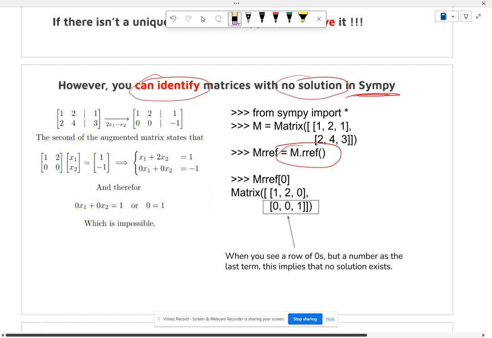The RREF will give you the reduced row echelon form. Once you have that, you can look for a contradiction. Notice over here, the entire row is 0, but it's equal to 1. That's a contradiction. So you can identify no-solution problems through SymPy by looking at the reduced row echelon form.